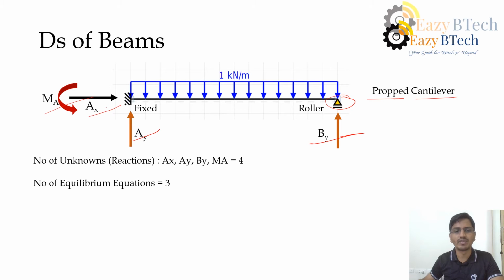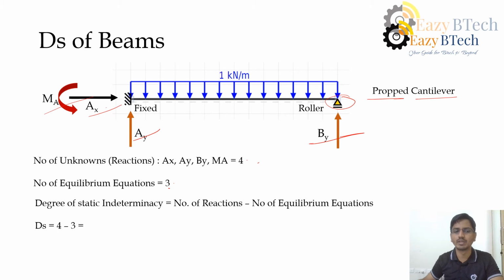The number of equilibrium equations we have is 3. So what is the degree of static indeterminacy? 4 minus 3, that is the number of reactions minus the number of equations, is 1. So I may need one additional equation to find all the reactions on this beam. This is an example of a propped cantilever. Let us look at another beam.